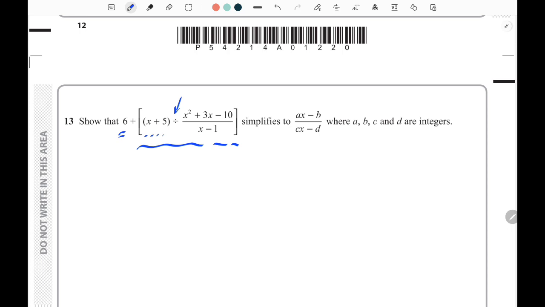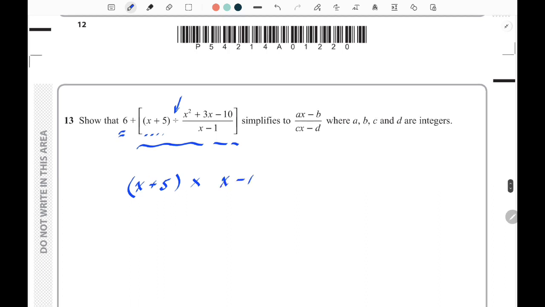The fact that you're dividing by something that looks like a fraction means you can rearrange it and apply the usual rule. So it's x plus 5 times, so change the sign to a times and flip the fraction upside down. So we have x minus 1 over x squared plus 3x minus 10.